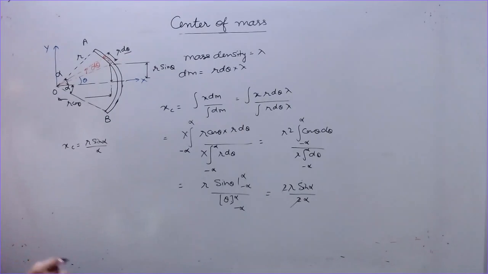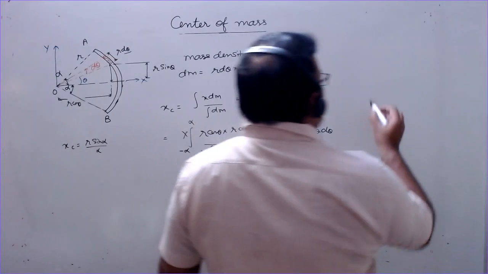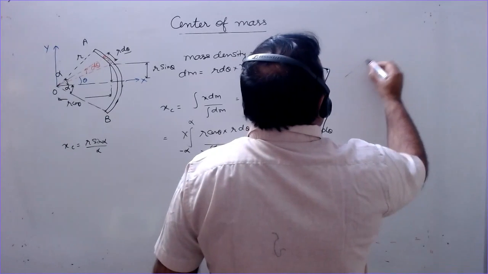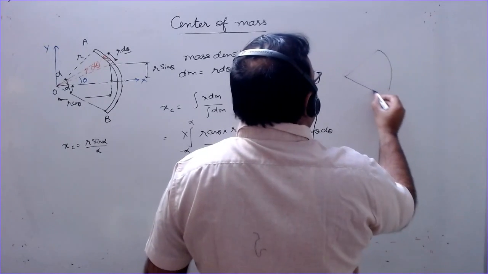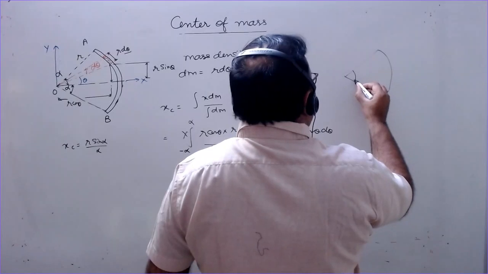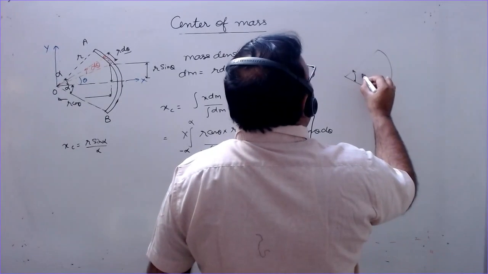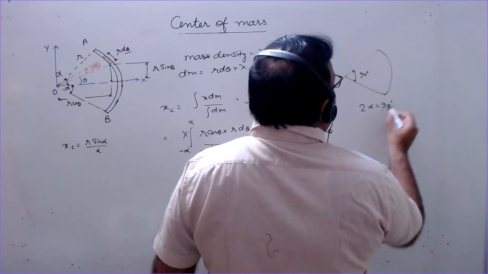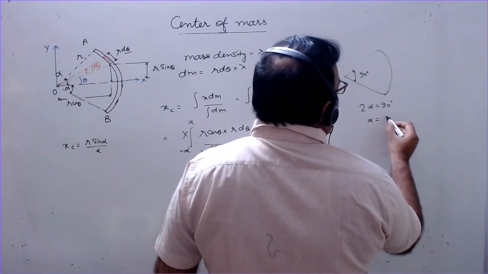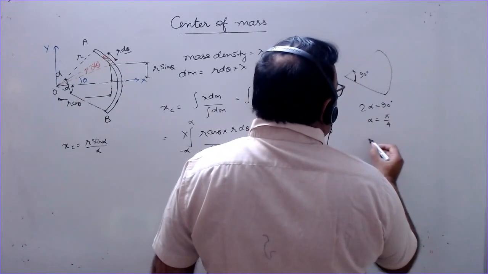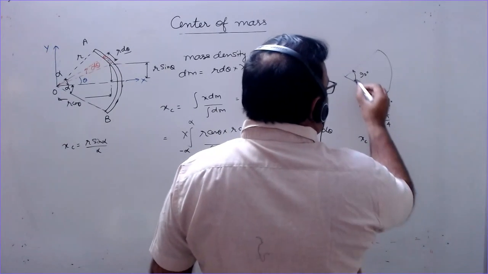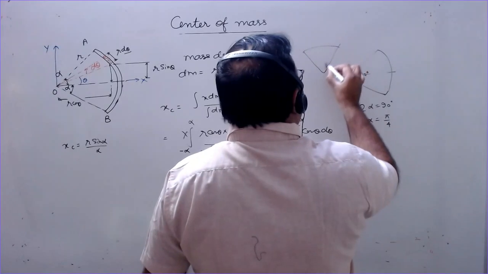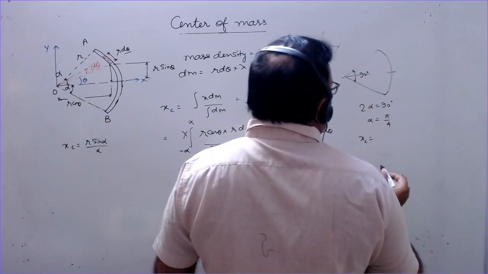So if you have a wire which is subtending an angle, say 2 alpha, equal to 90 degrees at the center, 2 alpha is 90, so alpha is 45 or pi by 4. In that case, xc, if the wire is in this position, if it is in vertical position, then we will find the y coordinate.